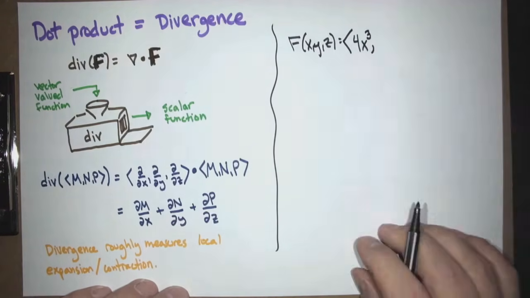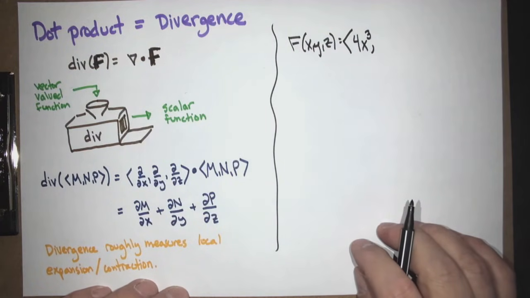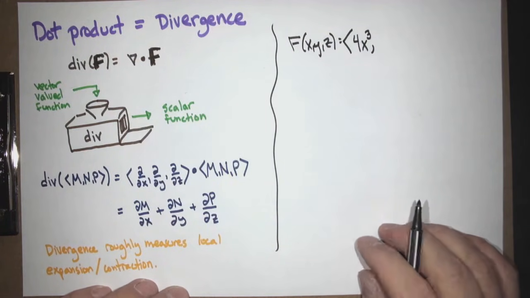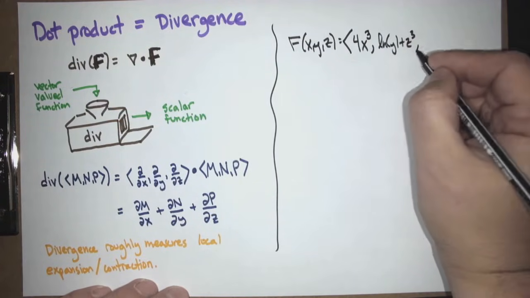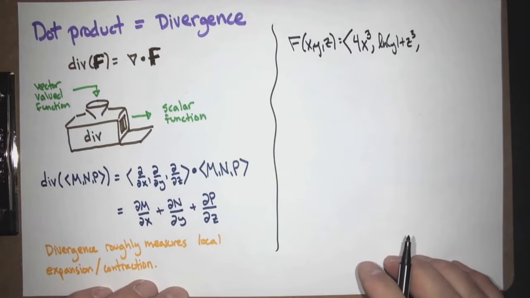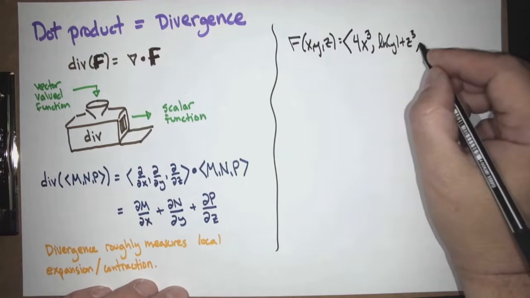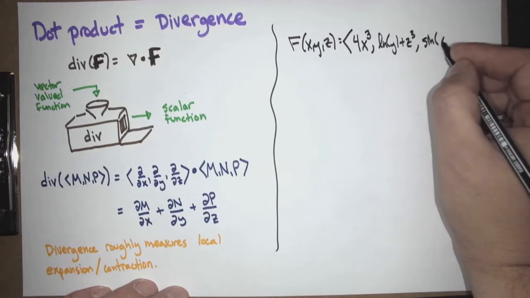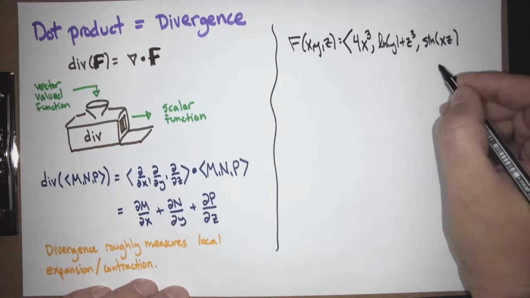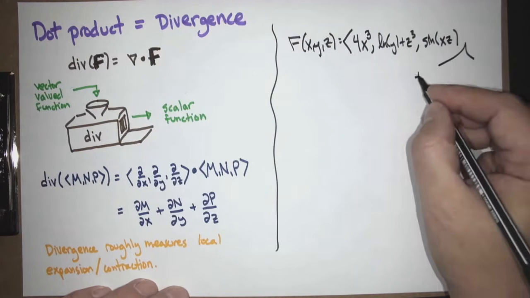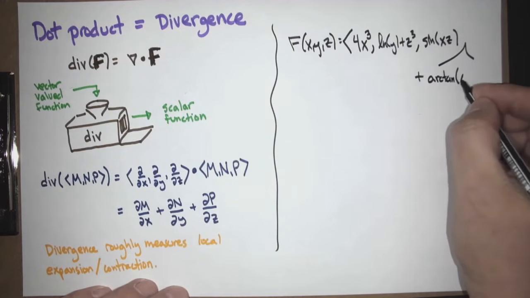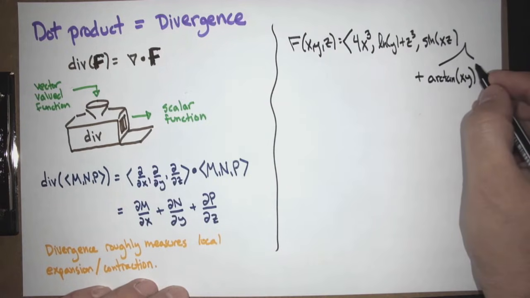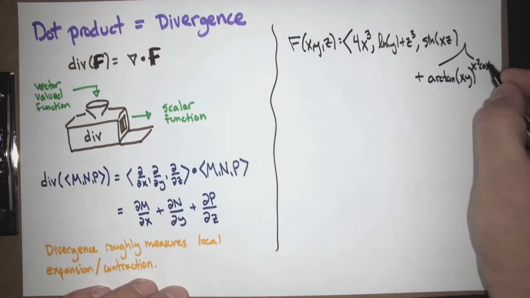All right, what function do you want in the second slot? ln of y plus z cubed. The third slot, sine of xz, and I don't have enough space, but I want to say plus arctangent of xy to the x squared cosine y. Okay, right?